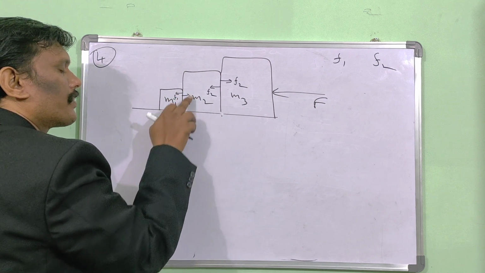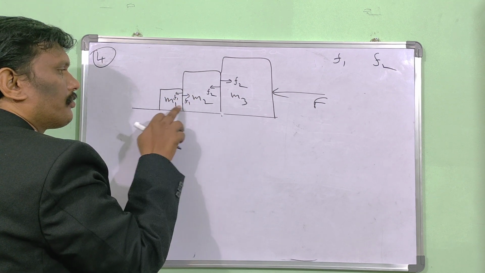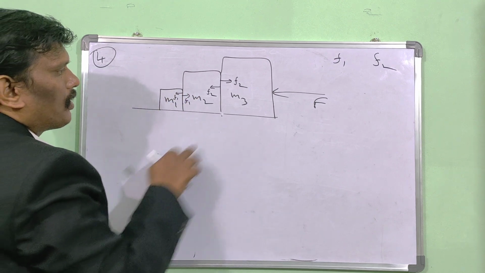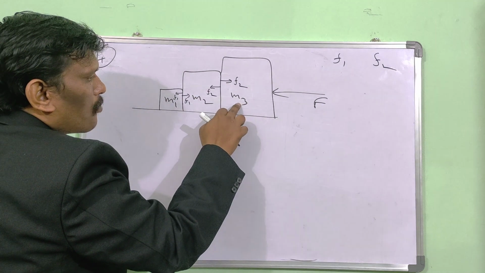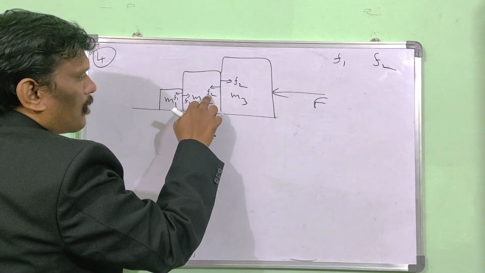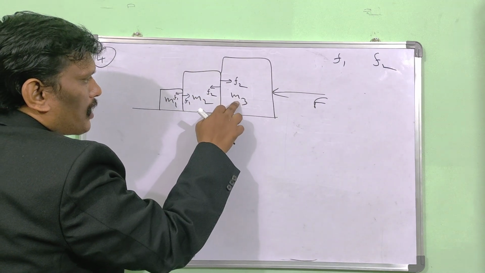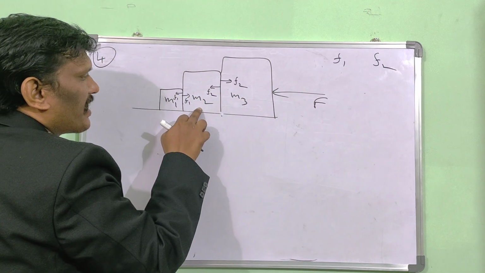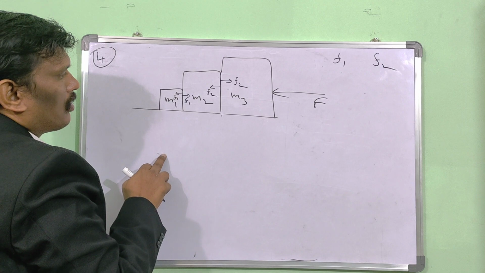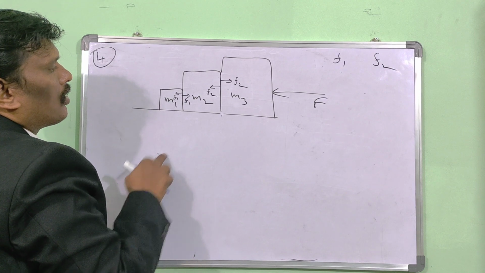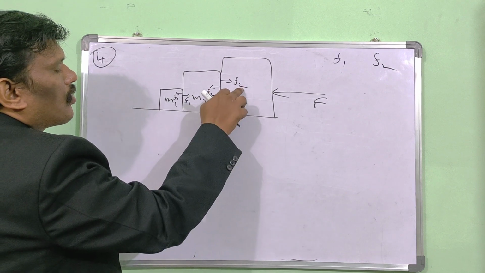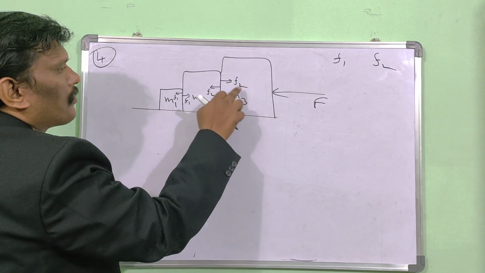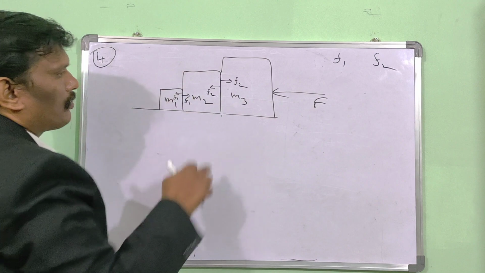So that is the force experienced by M2 because of the first contact, F1. Similarly, M3 pushes with contact force F2. That means M3 applies a contact force F2 on M2, so M2 experiences F2 contact force. According to Newton's third law, M2 also applies an equal and opposite contact force on M3. That's why this F2 is the contact force experienced by M3.